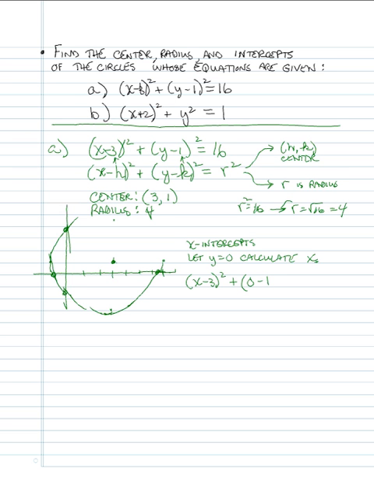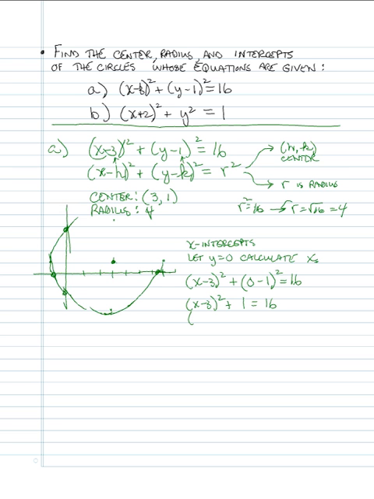So 0 minus 1 the quantity squared is equal to 16. And then we need to solve that for x. Well, let's look over here. X minus 3 the quantity squared. 0 minus 1 is negative 1, and when we square that, we get 1. So we have plus 1 is equal to 16.